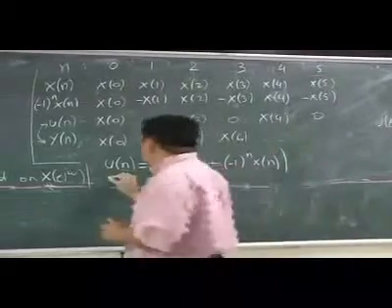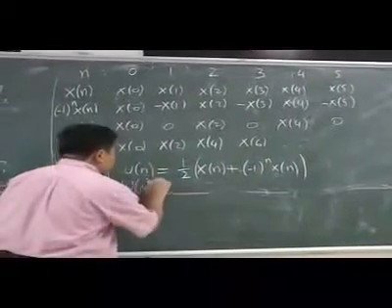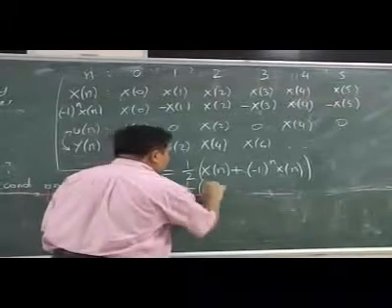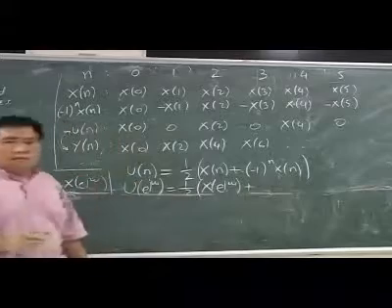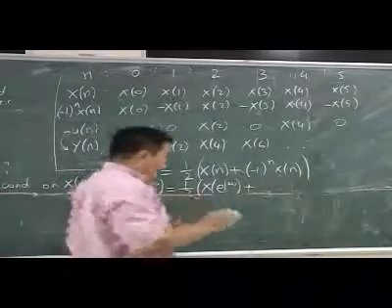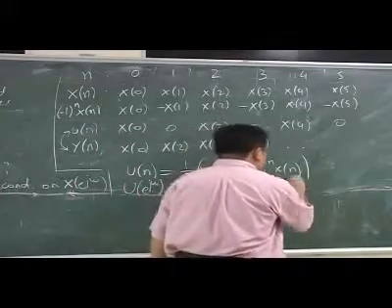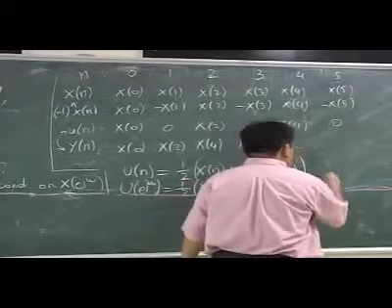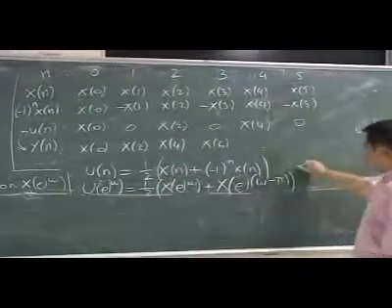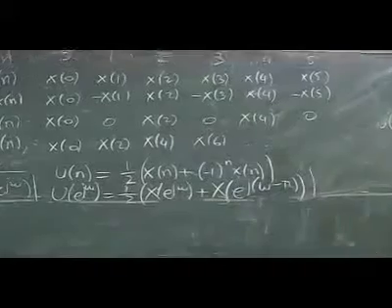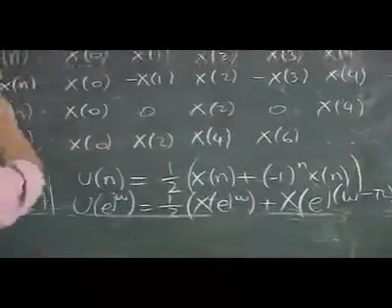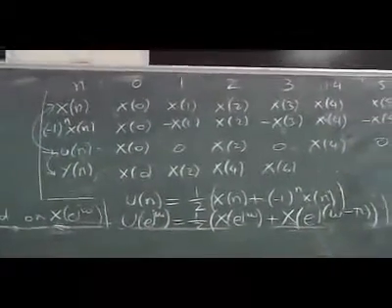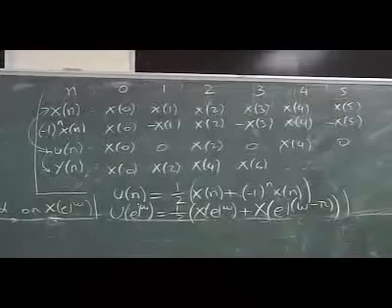So what is u of e to the j omega equal to? X of e to the j omega, and this is shifted by pi. Right? So here we relate u to what? Right?